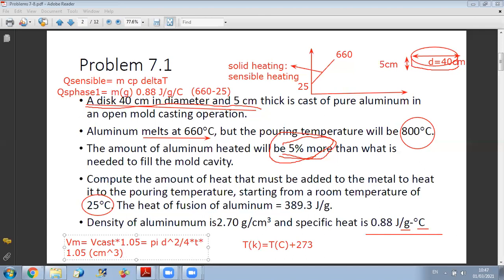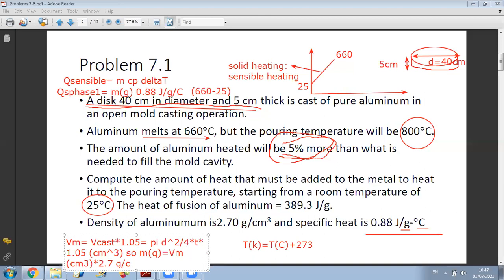So now to get the mass in gram, the mass is equal to this volume I calculated, V molten metal in centimeter cube, times the density value, which is 2.7. And the unit is already good because I want the mass in gram and I have the volume in centimeter cube.